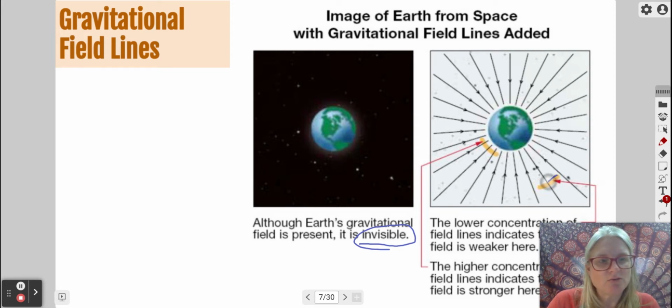When you're looking at this length here, there's only one field line there. Whereas closer to Earth, in that same distance, you're going through about 3 field lines. So this is telling you that the gravitational field strength is much stronger and more concentrated closer to the surface of the object than it is farther away from the object. So you're going to feel gravity much more strongly the closer you are to the object.